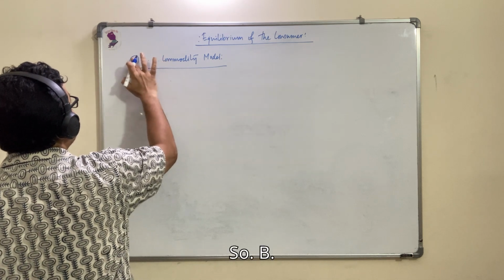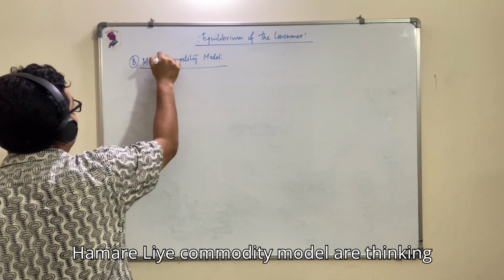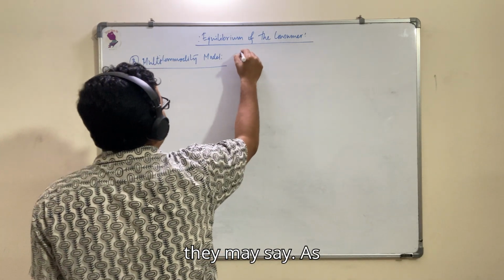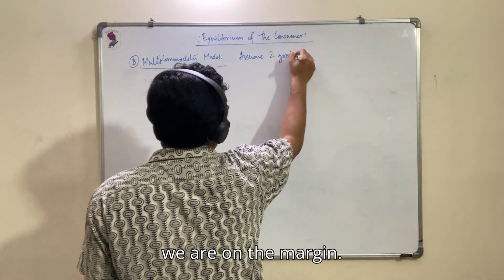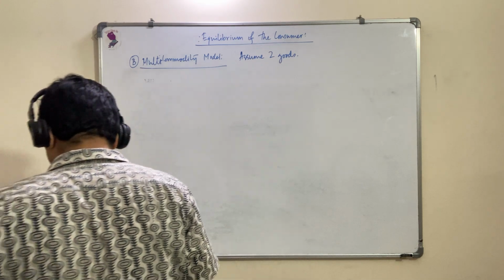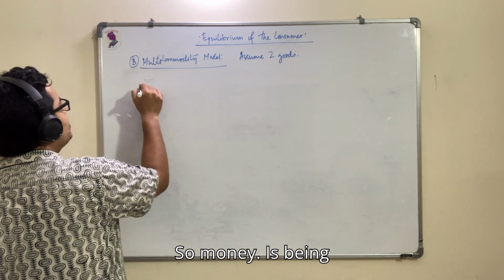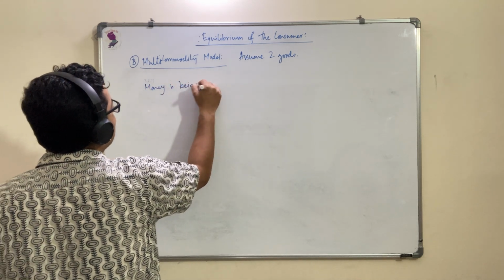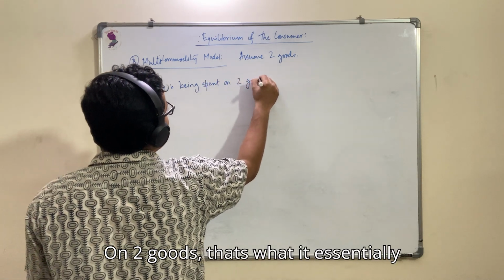So, B, multi-commodity model. Our thinking remains the same. Assume two goods, we are on the margin. So money is being spent on two goods. That's what it essentially means.